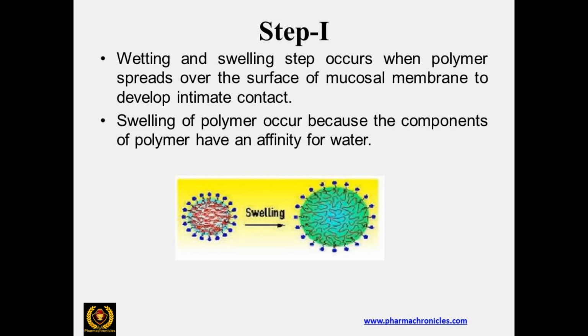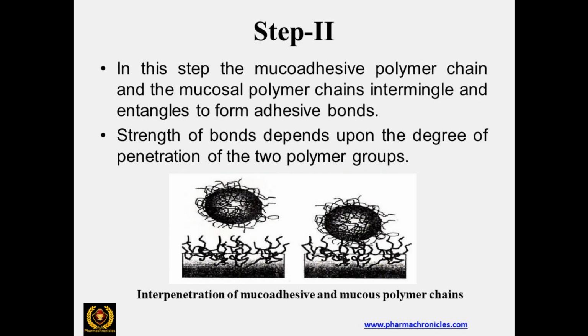Step 1. The wetting and swelling step occurs when the polymer spreads over the surface of the mucosal membrane to develop intimate contact. Swelling of the polymer occurs because the components of the polymer have an affinity for water. Step 2. In this step the mucoadhesive polymer chains and the mucosal polymer chains intermingle and entangle to form adhesive bonds.